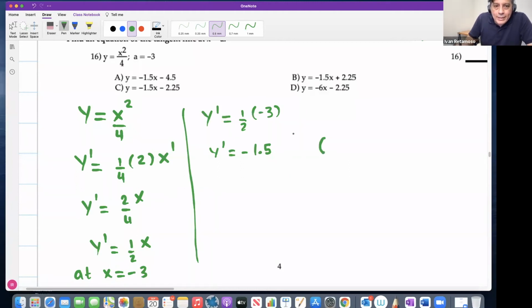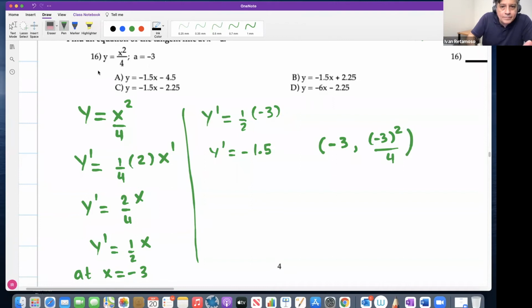Now, for the point, we have the first coordinate, right? Negative 3, but we don't have the second coordinate, but that shouldn't be a problem because we have the function. Plugging negative 3 into the formula for the function, we get this, right? And there you have your second coordinate, right? So it shouldn't be a problem, really, guys.